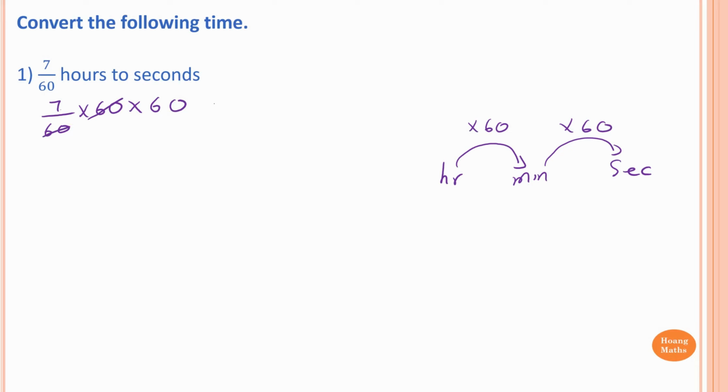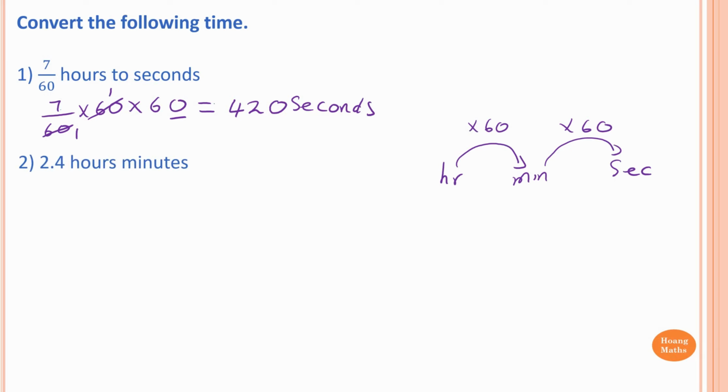So this cancels out, that gives me 1, and this one as well. So 1 times 7 is 7, and 7 times 6 is 42. And don't forget to add this 0 here, which is 420 seconds.